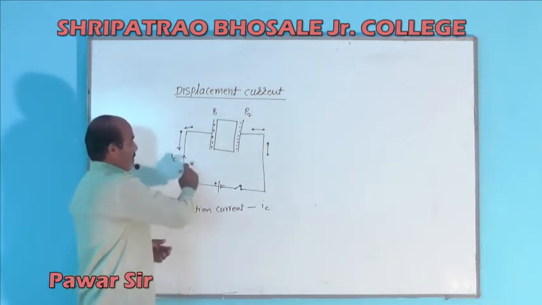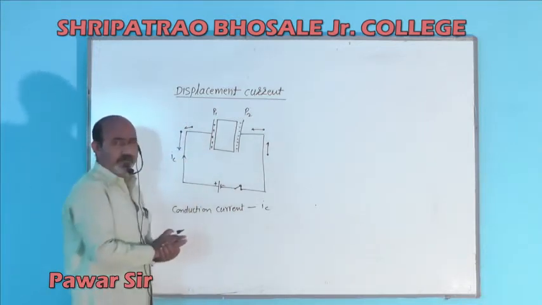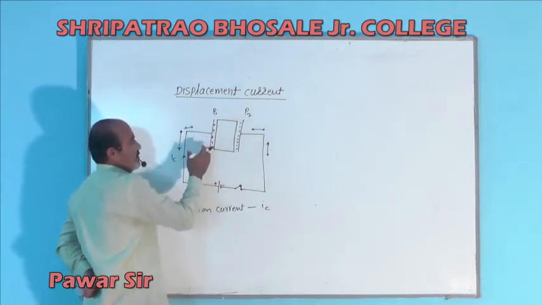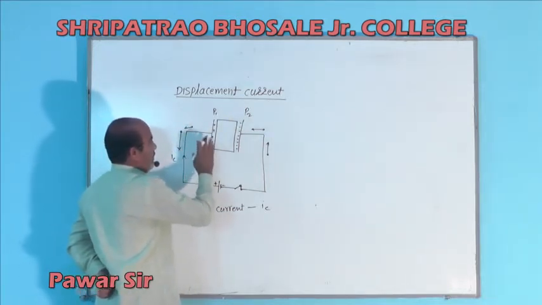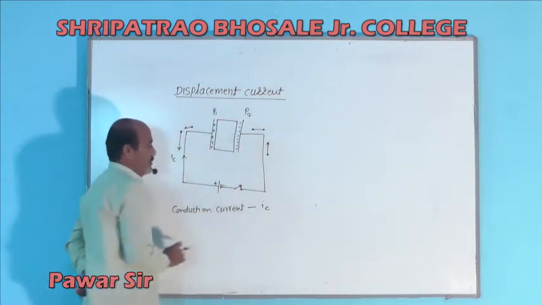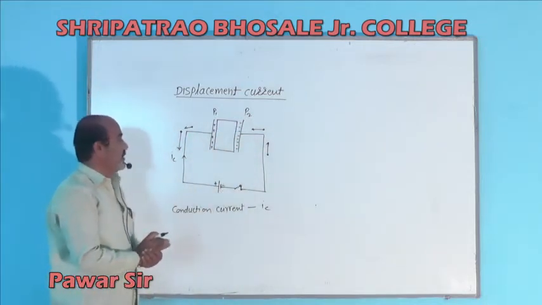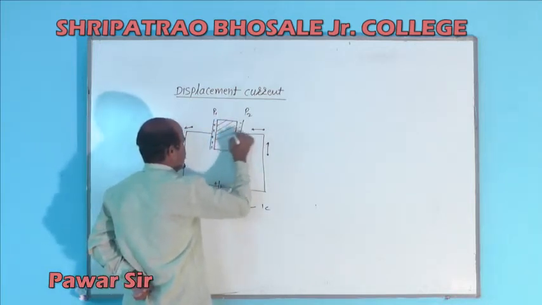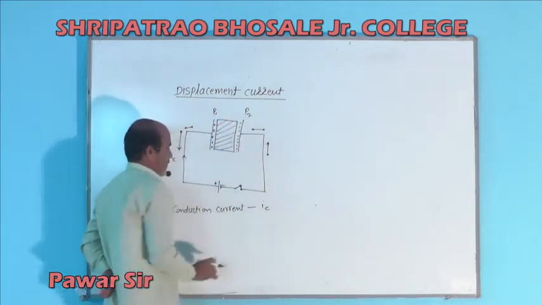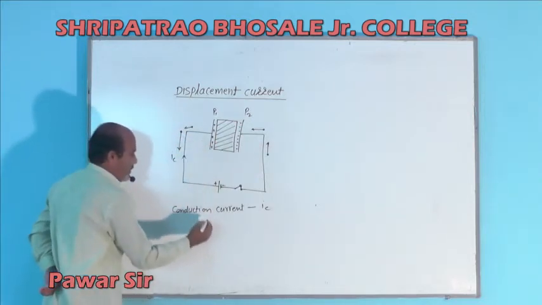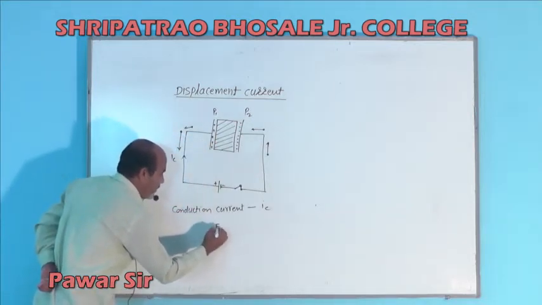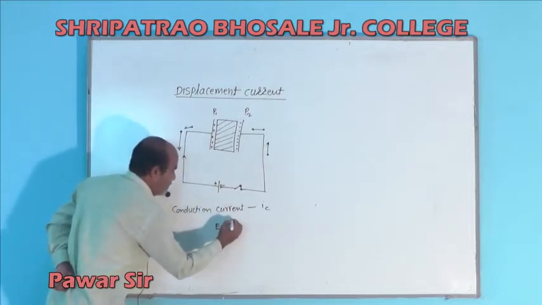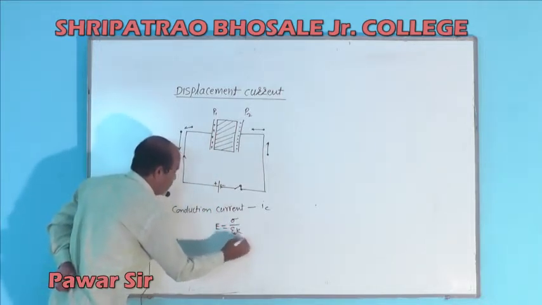As more and more electrons are displaced, more positive charge will be produced on plate P1 and negative charge on P2, which produces electric field across this dielectric. So we know that electric field produced between plates of a condenser is sigma divided by epsilon 0 k.